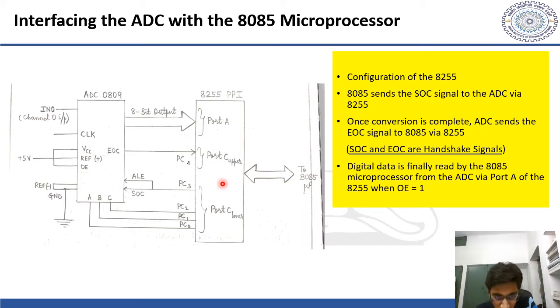Essentially, the start of conversion and end of conversion signals are nothing but handshake signals, status signals, which are exchanged between the ADC and the 8085 microprocessor. The digital data can then finally be read by the 8085 microprocessor from the ADC via port A of the 8255 when the output enable line goes high.